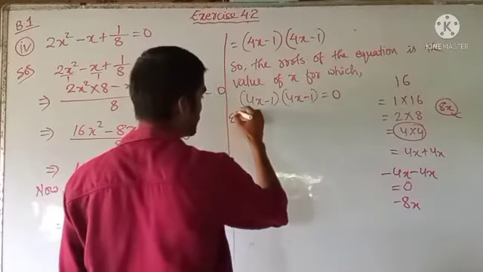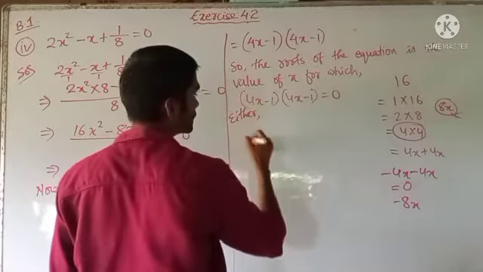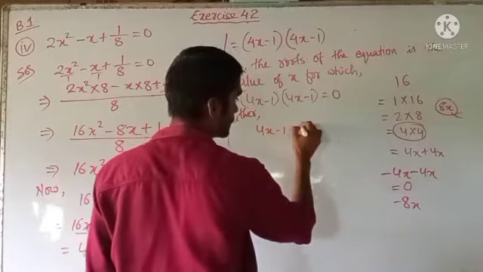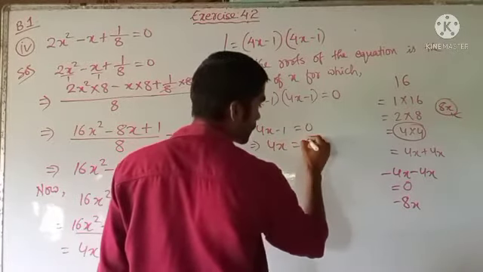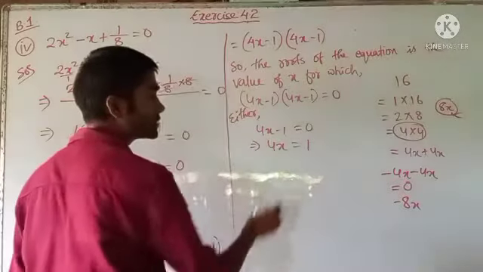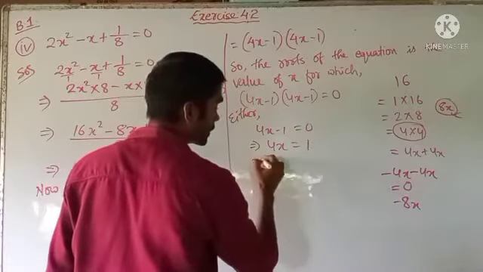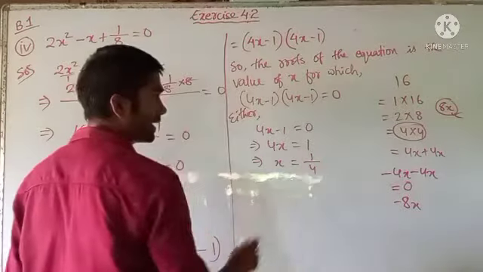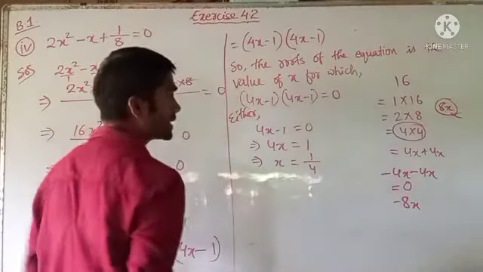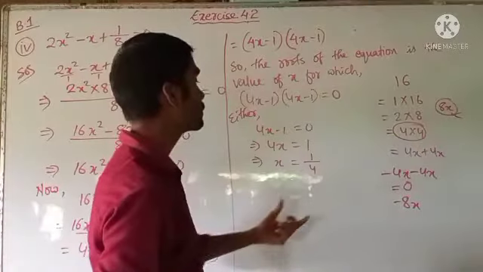Then we can write here either 4x minus 1 is equal to 0, or 4x is equal to minus 1, we are transferring, then it will change into plus 1. Now x is equal to 1 by 4. Again in the same way we will make the other side also, that is 4x minus 1 also equal to 0.